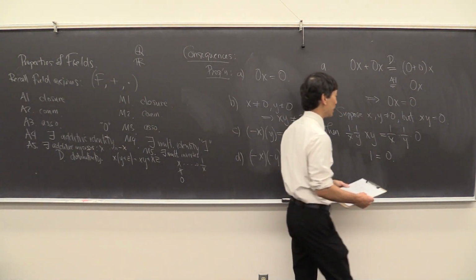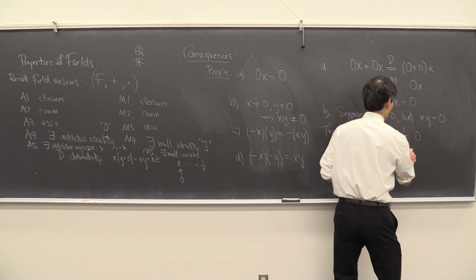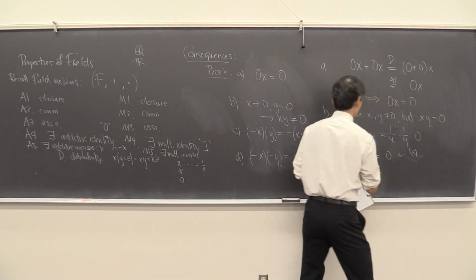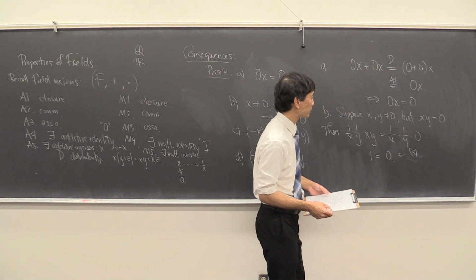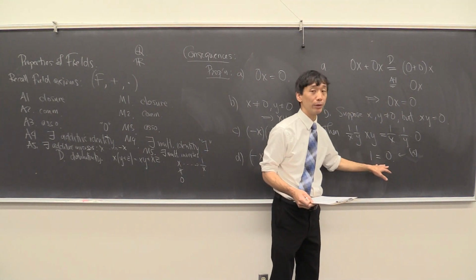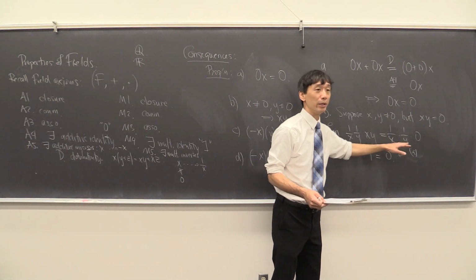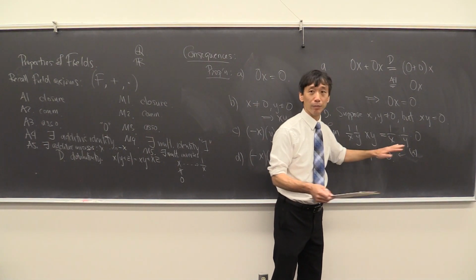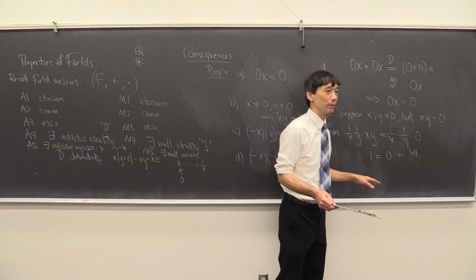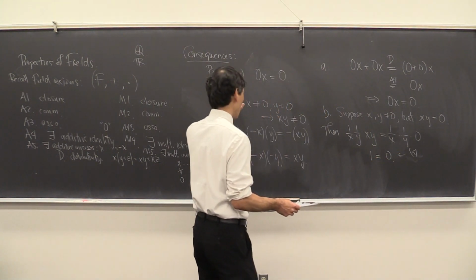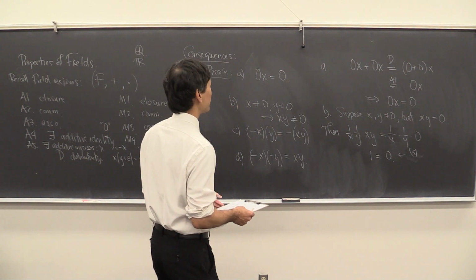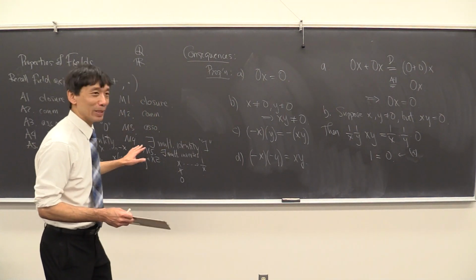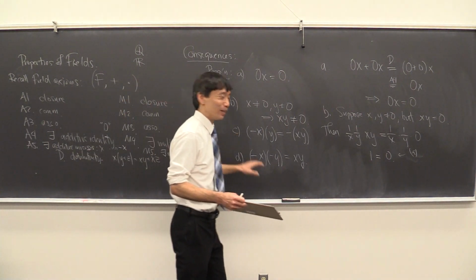So this part is by part A, this part is by part A, and this part is by the axioms. Okay, and so you get 1 equals 0. But if 1 equals 0, then you're in the degenerate field case, right? And we ruled out degenerate fields. Okay. Maybe that's enough of that.